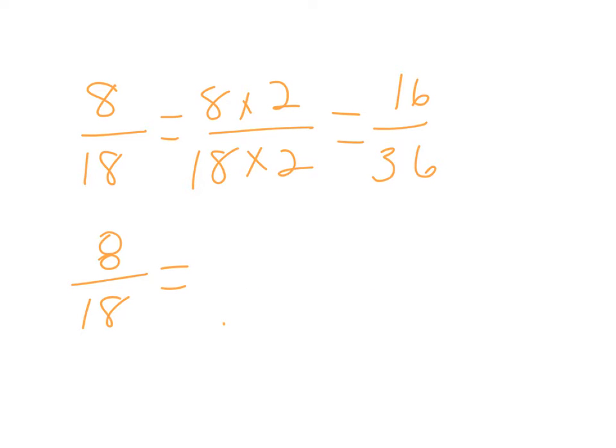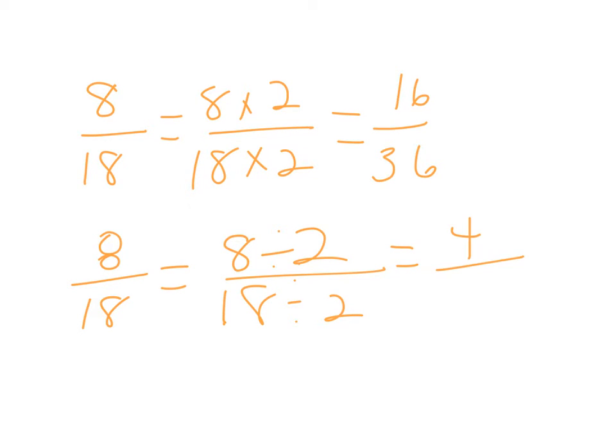We could do 8 divided by 2 and 18 divided by 2. What happens when we do that? Well, 8 divided by 2 is 4. 18 divided by 2 here is 9.